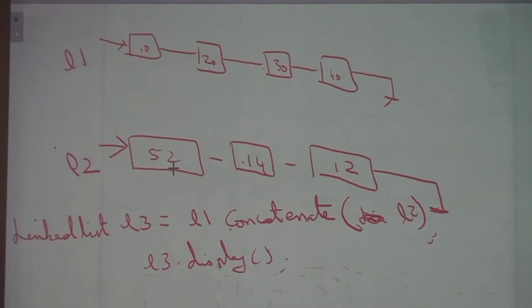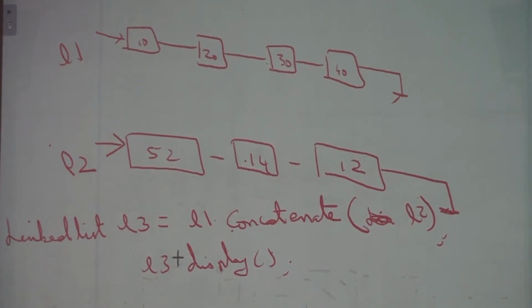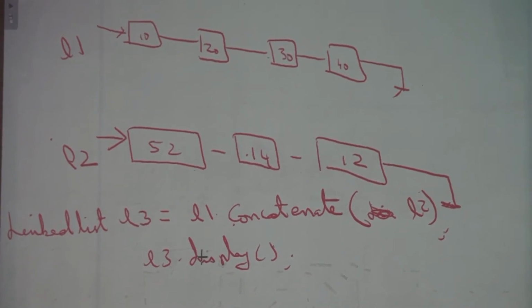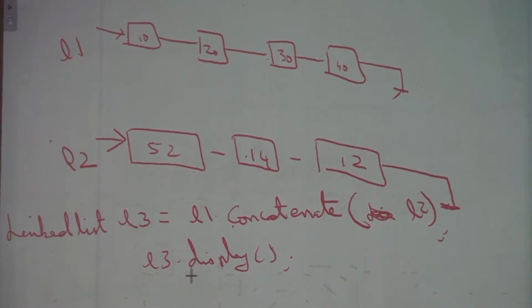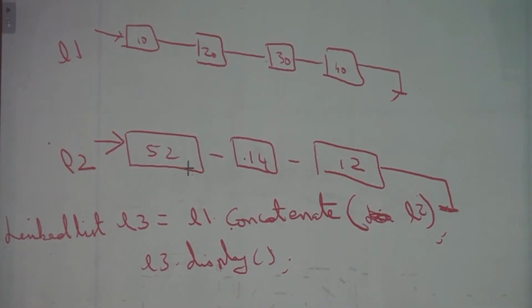So don't write L1.display followed by L2.display. No. You have to concatenate these two lists, produce a third list, and then if I say display on that list, I should get a display of these numbers.